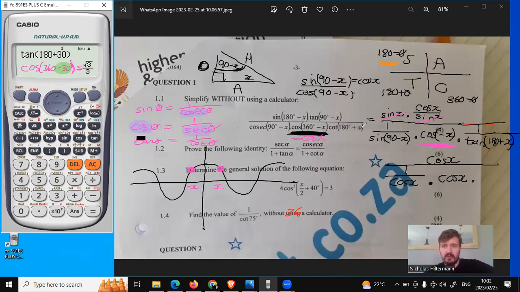Because we know tan repeats itself every 180, it's just the same as tan x. But even if we don't know that, our calculator tells us tan 180 plus 30 gives us a positive, so we know it's tan x.